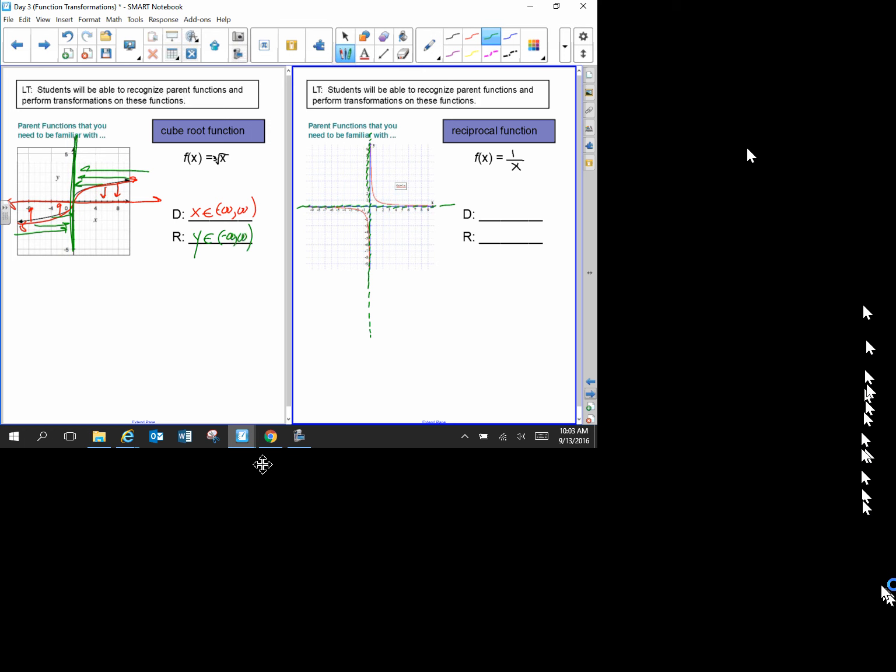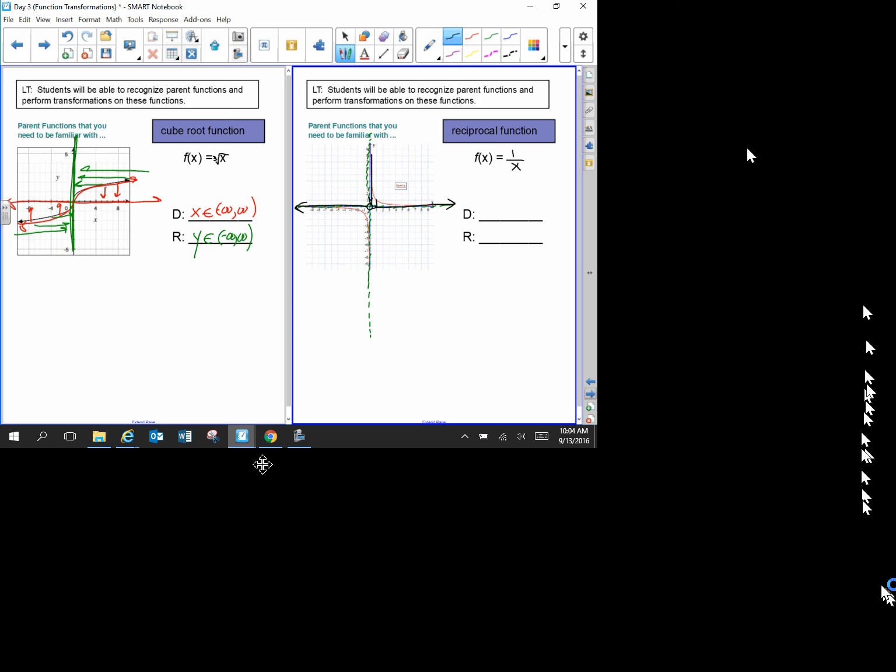So on this one right here, if I was to flatten this thing out and pull everything down to the x-axis, then it's going to bring all of these things down. But there's not going to be anything there at 0, because there's nothing that's going to touch this asymptote at 0, but it's going to go forever that way and forever the other way. So the domain's going to be everything but 0.